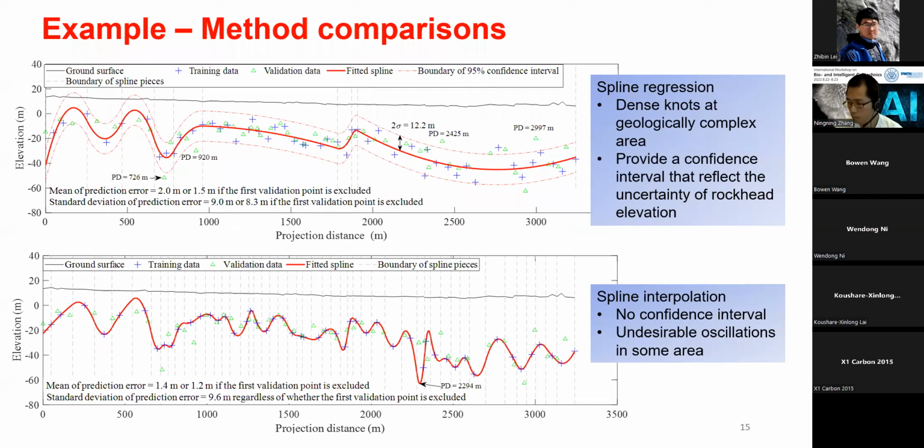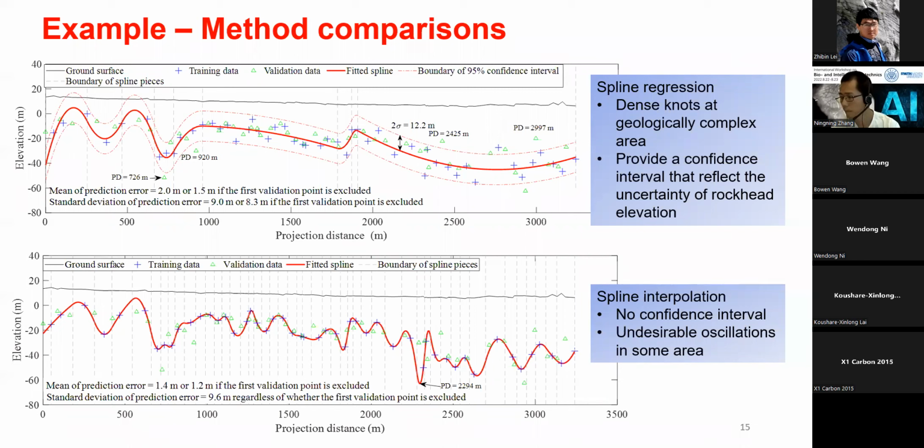And then we do a comparison of the different methods using a cross-validation procedure. We use 50% of data as training and the remaining 50% as testing. The top figures illustrate the outcome of the spline regression methods.